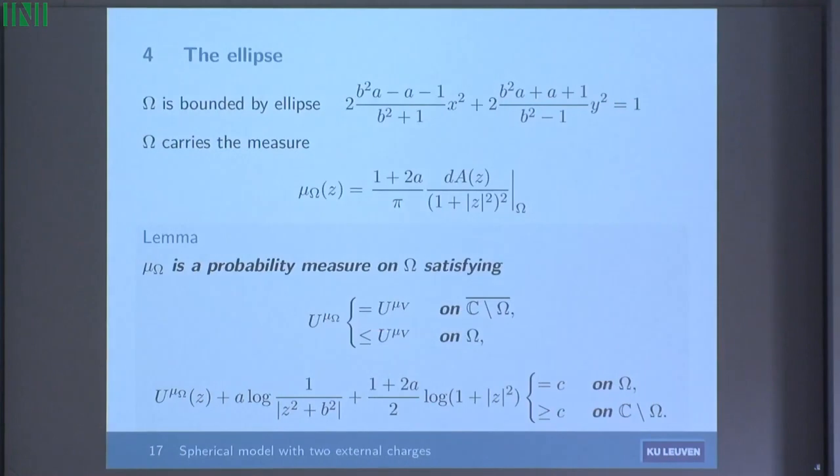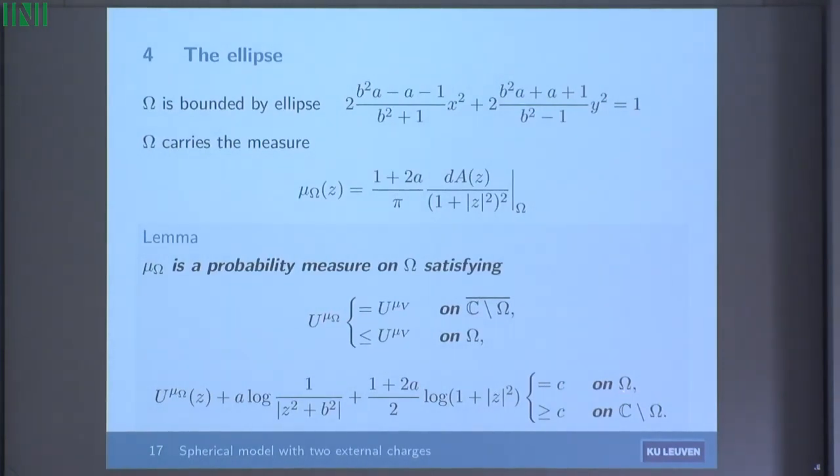And it also has the property that in the interior of the ellipse, there's an inequality like this. Okay? Then there's a companion expression for the potential of this measure on omega, on the full ellipse. This basically gives you an expression for the potential in the exterior.